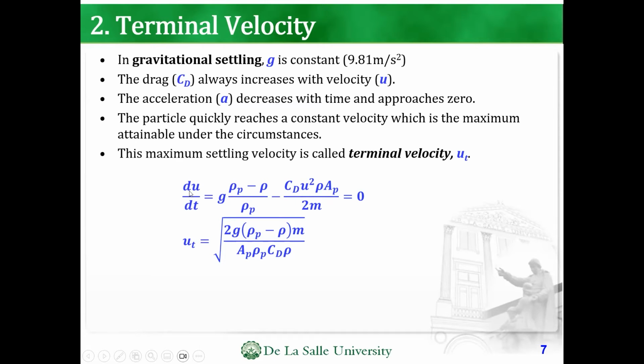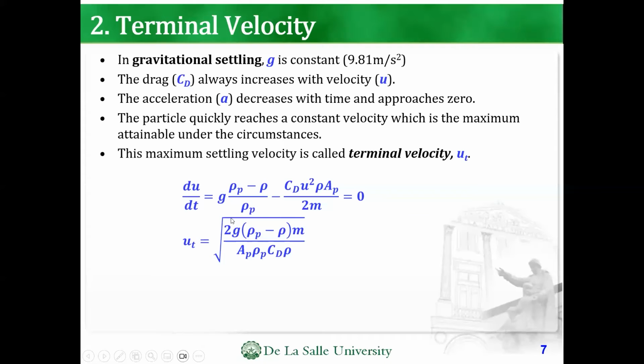So if the maximum settling velocity is reached, remember that when you get the maxima or minima, the derivative becomes zero. So there's no more acceleration. It's not accelerating anymore. You can equate that to zero, and then you can solve for ut, where u becomes the terminal velocity.